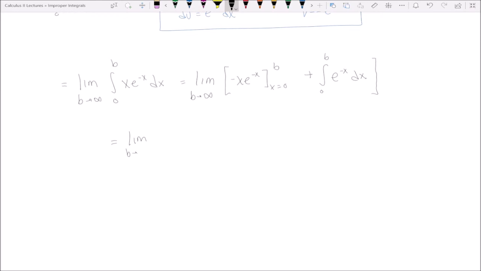So we're going to get the limit as b approaches infinity of negative b e to the minus b plus 0, right? When x is 0, that whole thing goes to 0. Minus now e to the minus x evaluated as x goes from 0 to b.